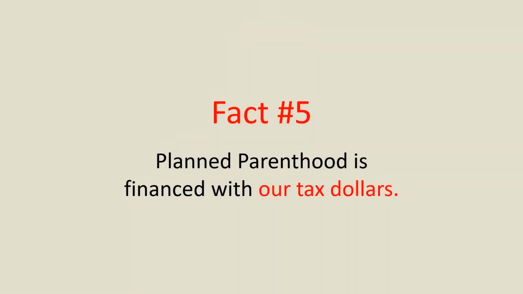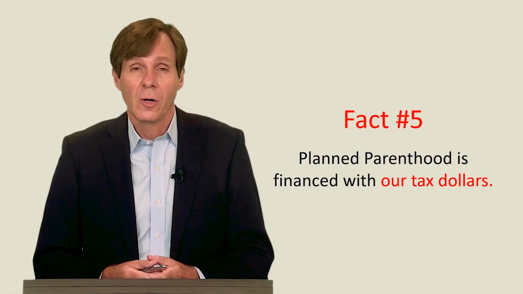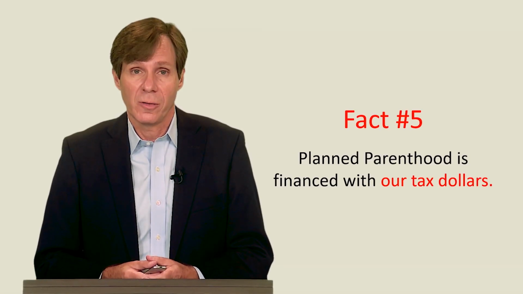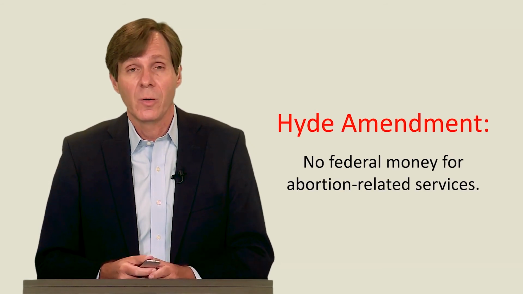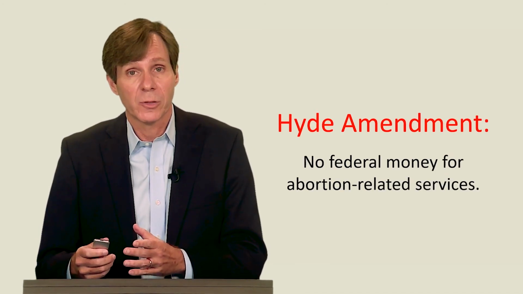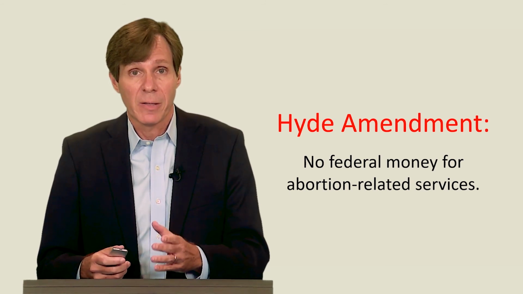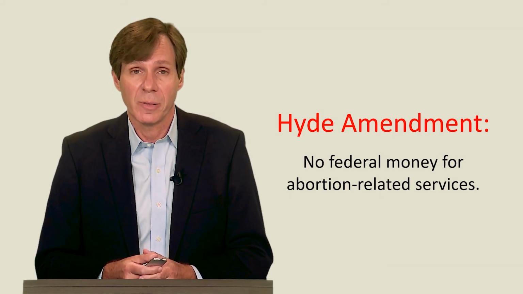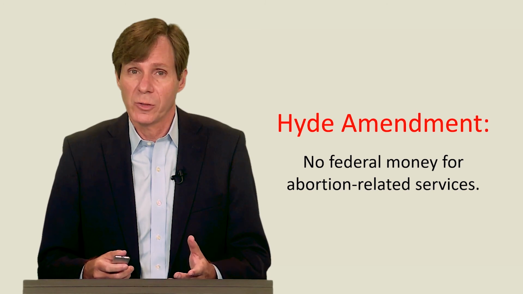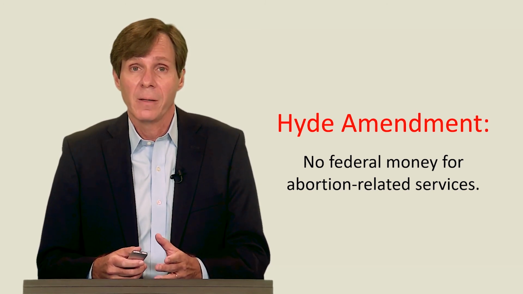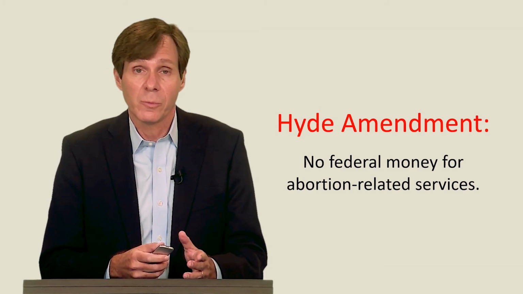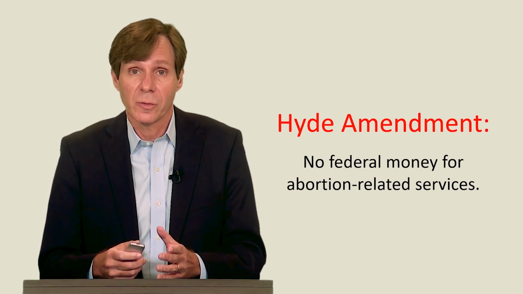And finally, fact number 5. Planned Parenthood is financed with our tax dollars, over $500 million each year. These payments have always had a fundamental restriction, the Hyde Amendment, which forbids them to be used for abortion-related services. An amendment, by the way, the Democratic Party is now fighting to repeal. But even with this restriction, abortion funding still facilitates abortion at Planned Parenthood, because it frees up non-abortion-related profits for abortion services, a principle called fungibility.